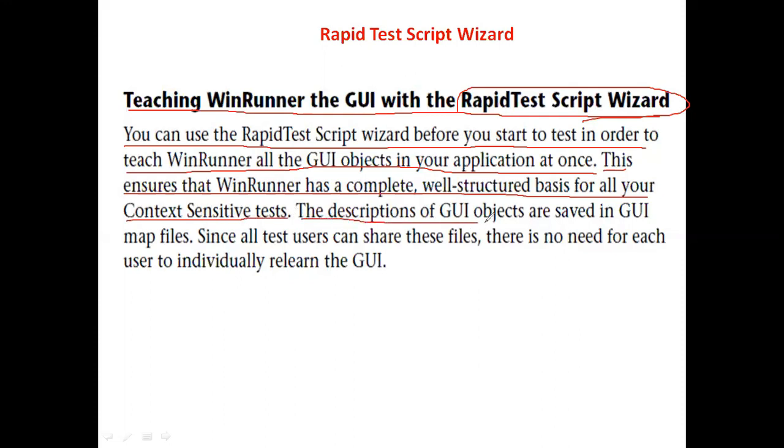The descriptions of GUI objects are saved in GUI map files. Since all test users can share these files, there is no need for each user to individually relearn the GUI. That means you are going to apply this rapid test to your application before the testing.